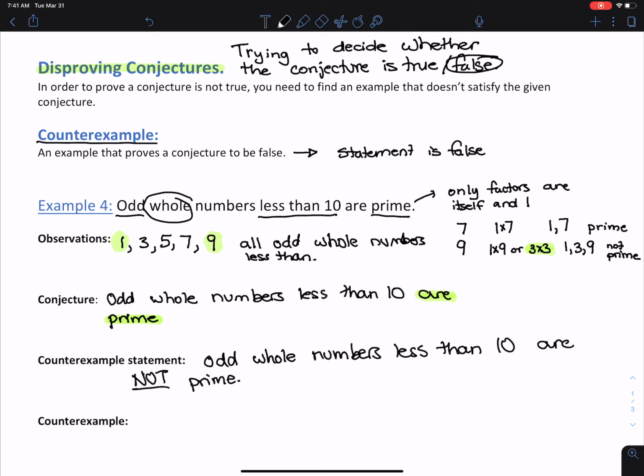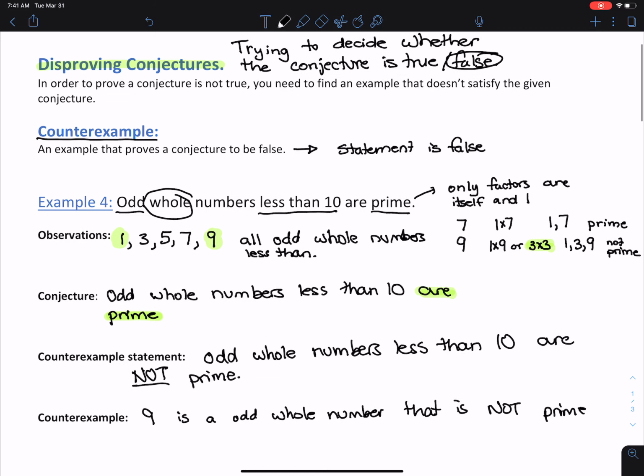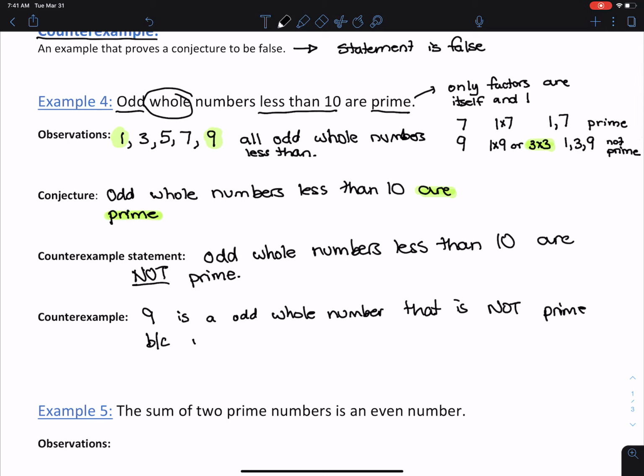So my counterexample here would be 9 is an odd whole number that is not prime because it has three factors, which are 1, 3, and 9. So the example 9 is my counterexample.